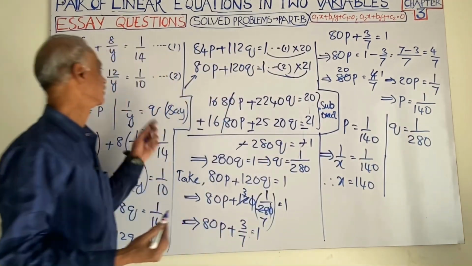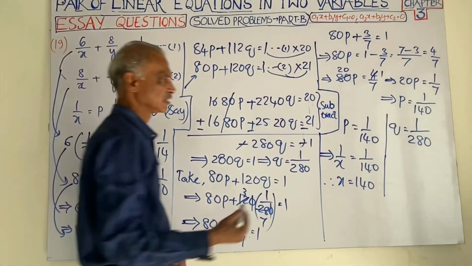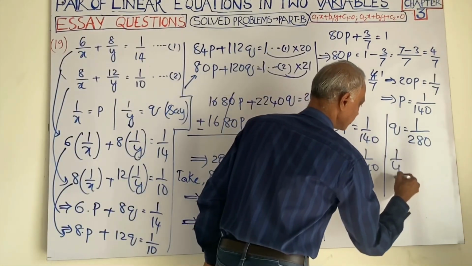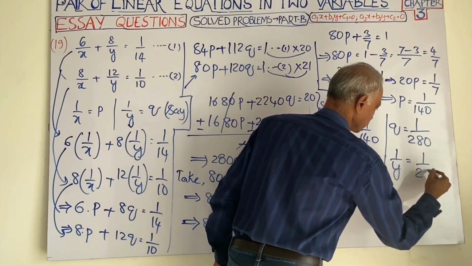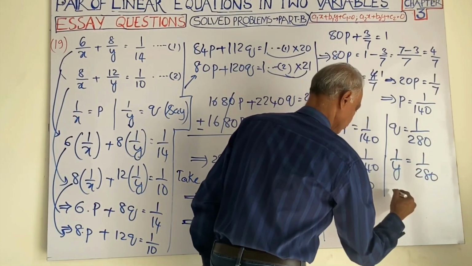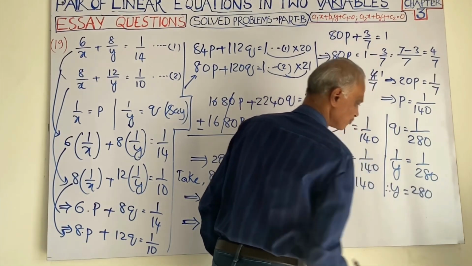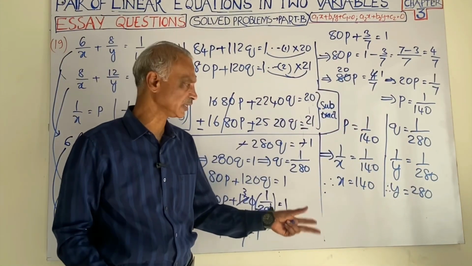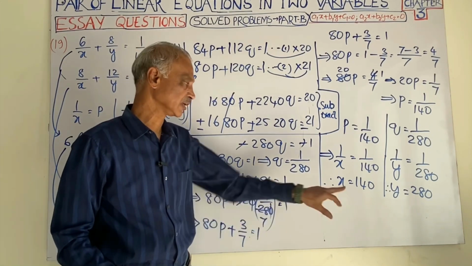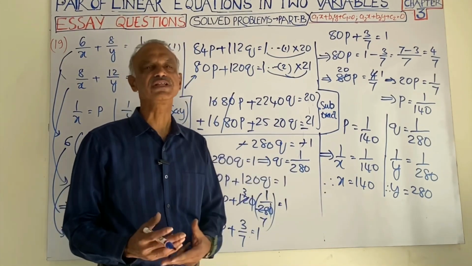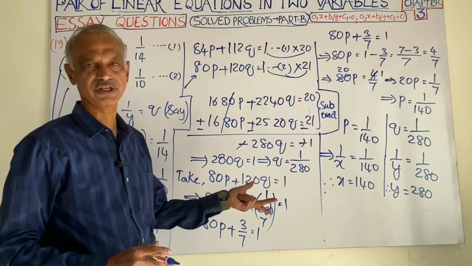What is q here? q is 1 by y. Substitute q is equal to 1 by y is equal to 1 by 280. Therefore, y is equal to 280. Now you got x is equal to 140 and y is equal to 280. Man can finish the work individually in 140 days.